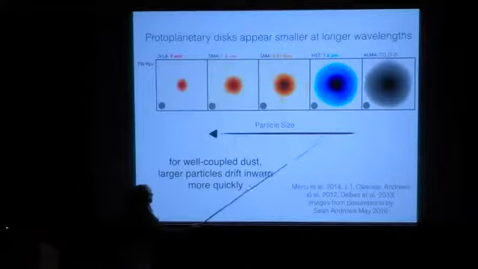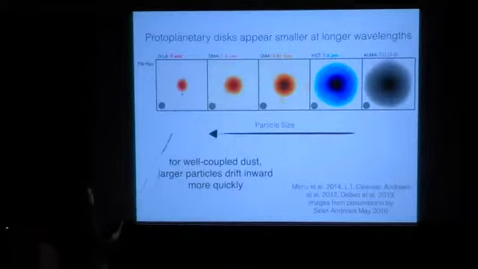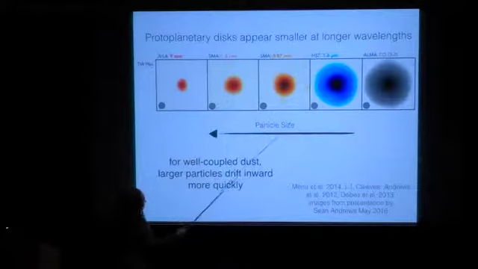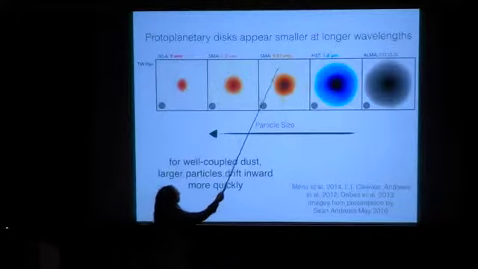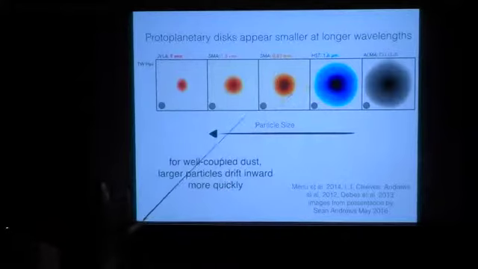If you look at disks at various wavelengths, and this is a compilation from Sean Andrews, you can see that disks look smaller at larger wavelengths. So this is like a centimeter, a millimeter, a little bit less than a millimeter, 1.6 microns.